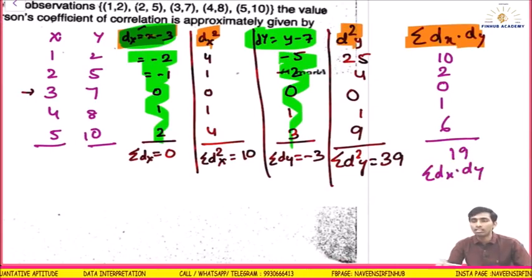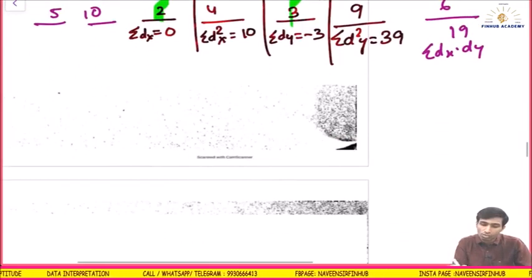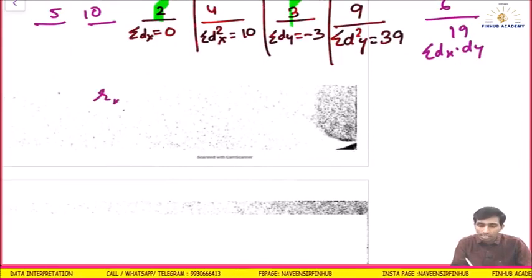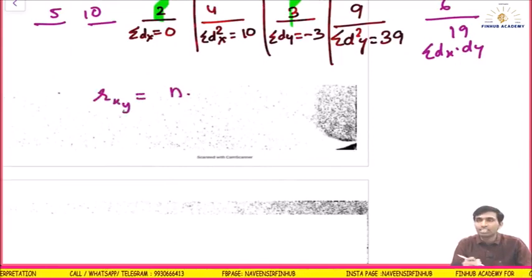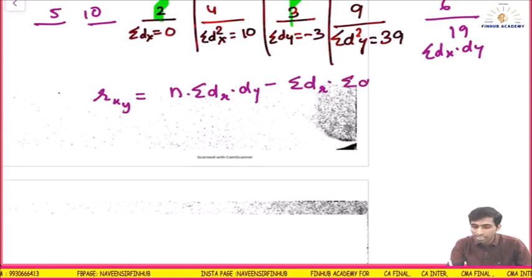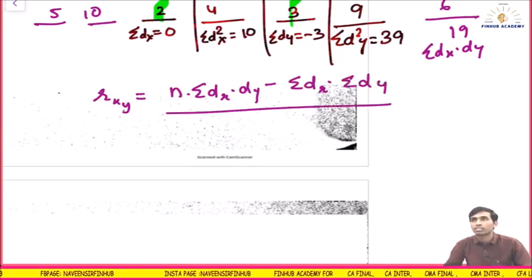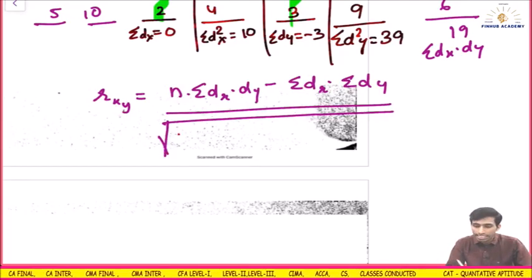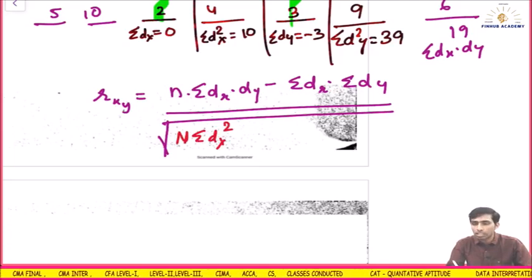Now I will apply the formula. So how will I apply the formula? R x comma y is equal to n into summation dx into dy minus summation dx into summation dy, upon under root n into summation dx square minus summation dx the whole square.